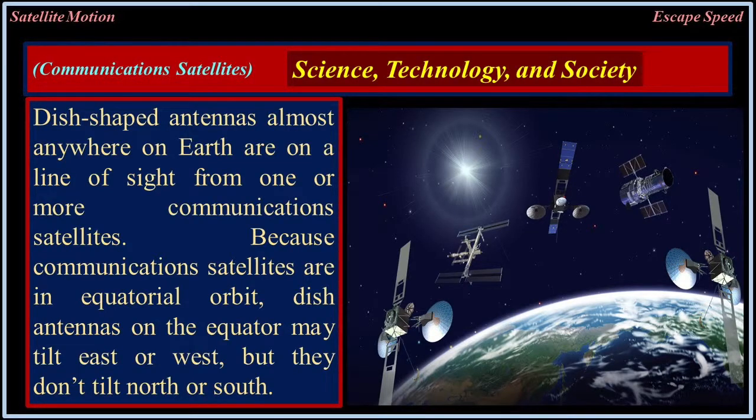Dish-shaped antennas almost anywhere on Earth are on a line of sight from one or more communication satellites, because communication satellites are in equatorial orbit. Dish antennas on the equator may tilt east or west, but they don't tilt north or south.